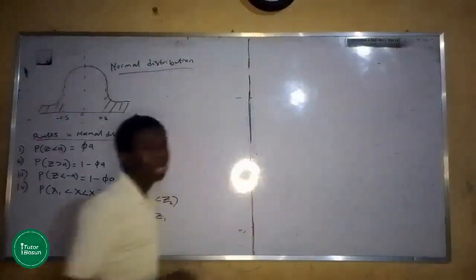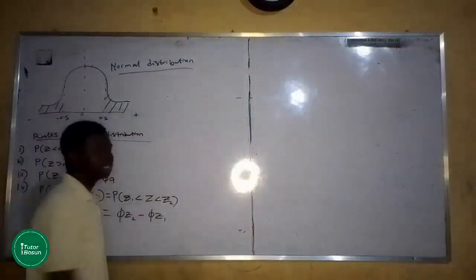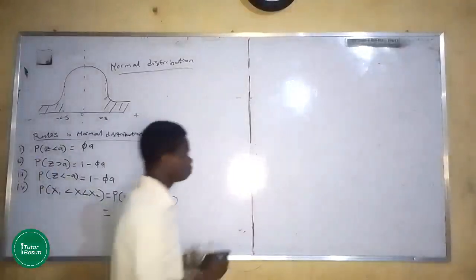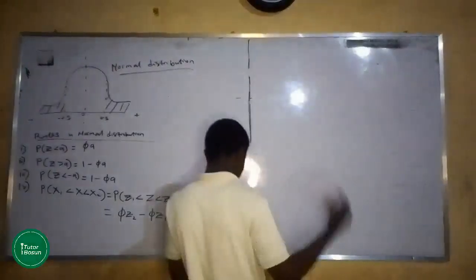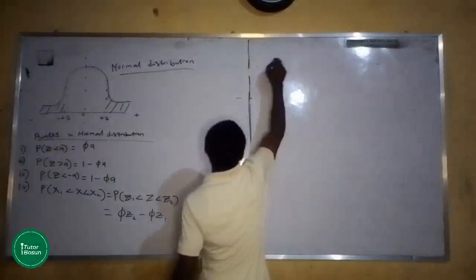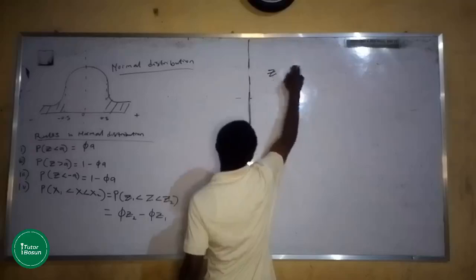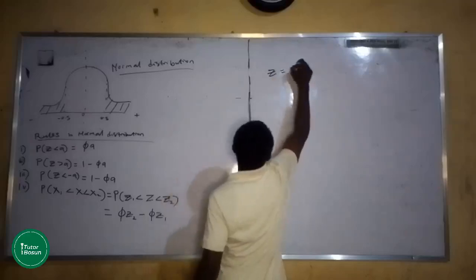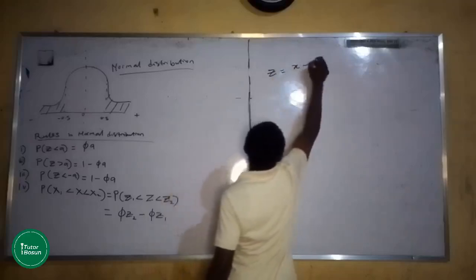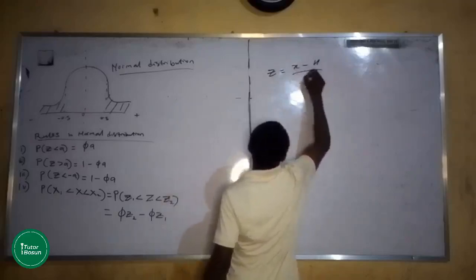Then how do we convert our x to z? You definitely make use of the formula which says z equals x minus mu over sigma.